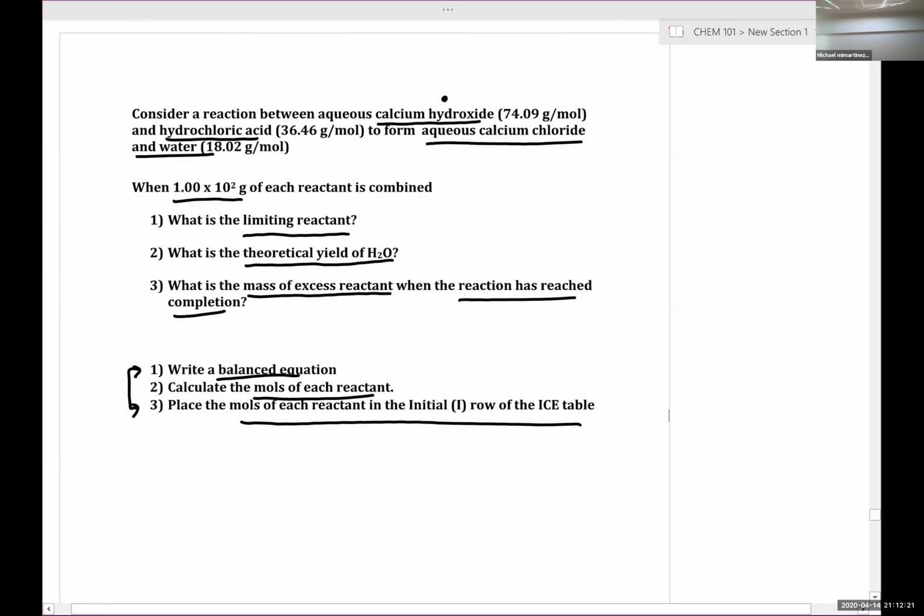Yep, exactly right. So for calcium hydroxide, we have Ca(OH)2. Would someone like to provide me the formula for hydrochloric acid? For hydrochloric acid, what's the formula for that? HCl, exactly right.